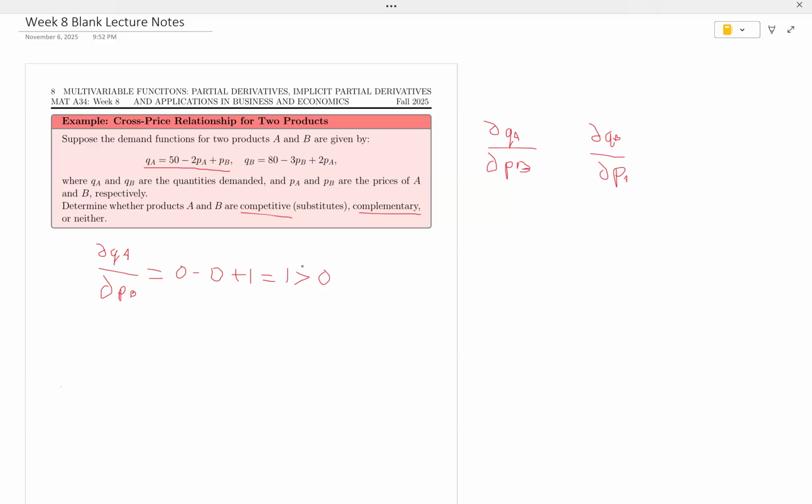So at this point, one of my partial derivatives is positive. This is making me think competitive. Okay? But remember, in order to be competitive, both have to be positive.